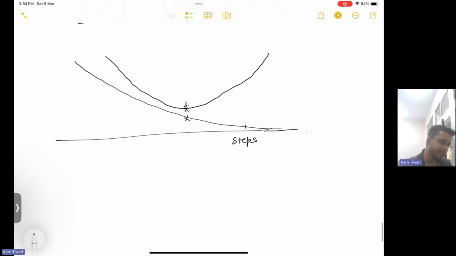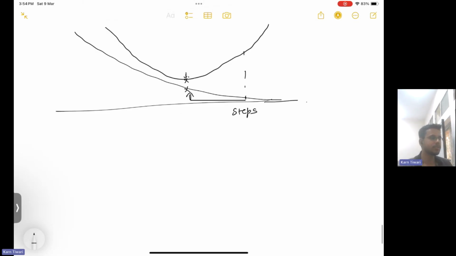You went ahead for a certain number of steps, and you know that the testing error is now increasing, but the training error is decreasing. That gives you the indication that you need to stop your model, and the time step at which the testing error was minimum is a perfect sweet spot.